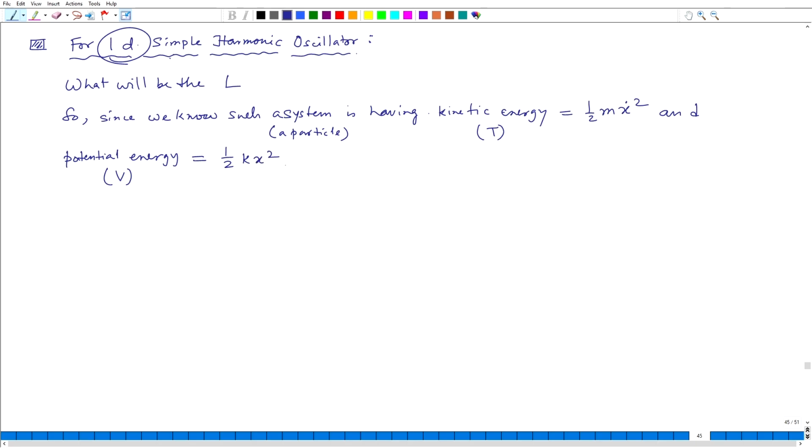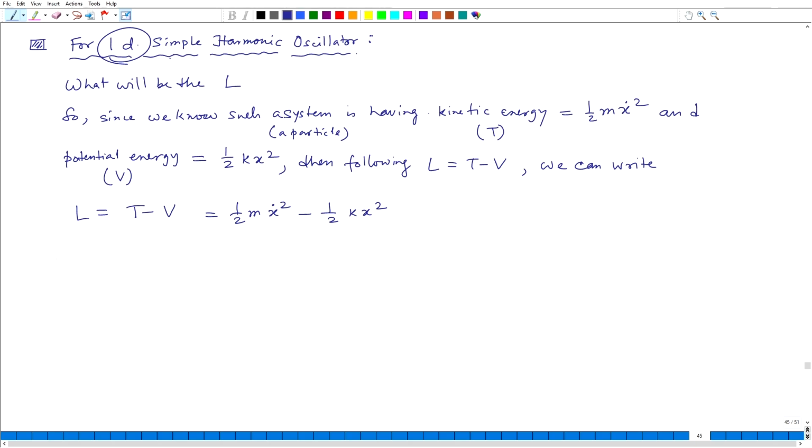Then following the recipe L is equal to T minus V, we can write L is equal to T minus V. So, that is half m x dot square minus half k x square.